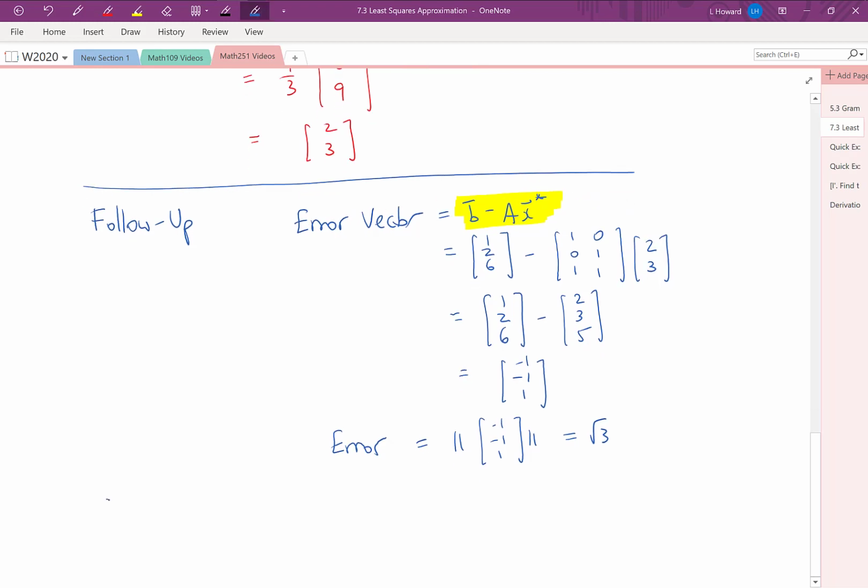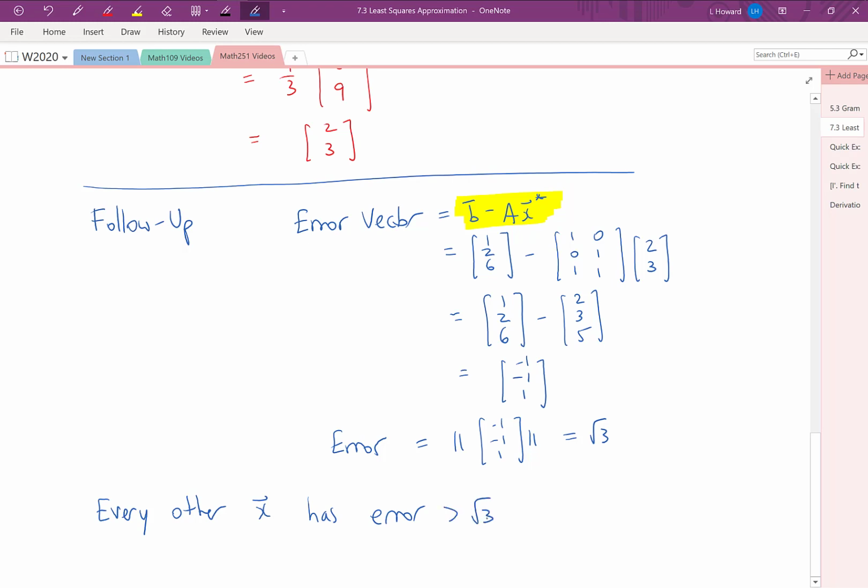What that's telling us is that for every other vector x that we could think about putting into this system and testing how close Ax comes to equaling b, every other x has error bigger than √3.